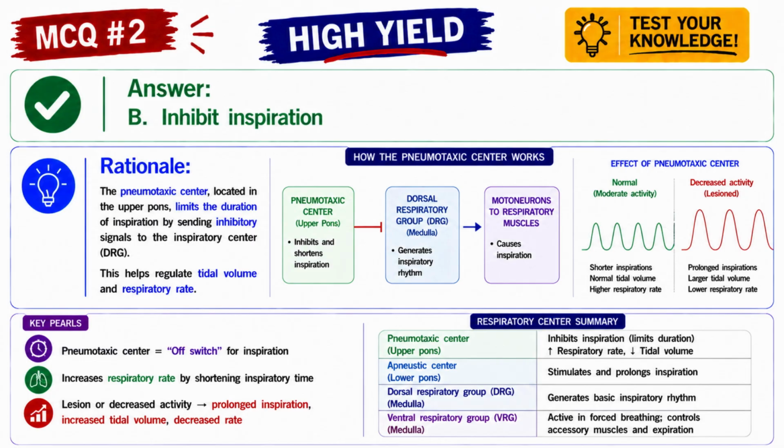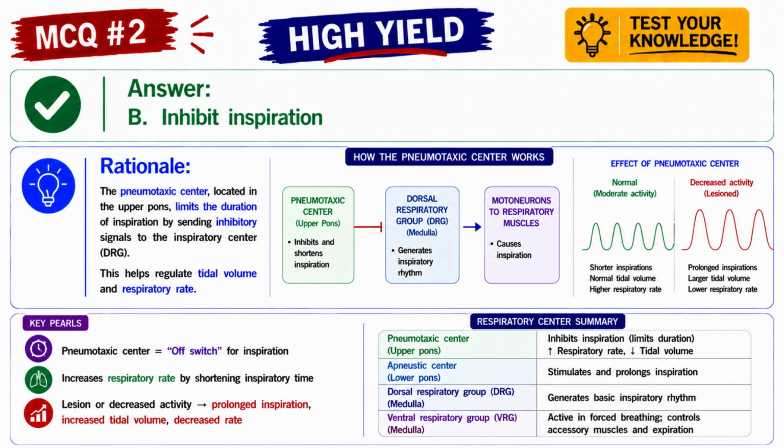Inhibit inspiration. Here's why. The pneumotaxic center, located in the pons, specifically in the parabrachial nucleus, acts as a brake on inspiration. Its primary function: to send inhibitory signals to the dorsal respiratory group, turning off the inspiratory drive, limiting the duration of each inspiration.